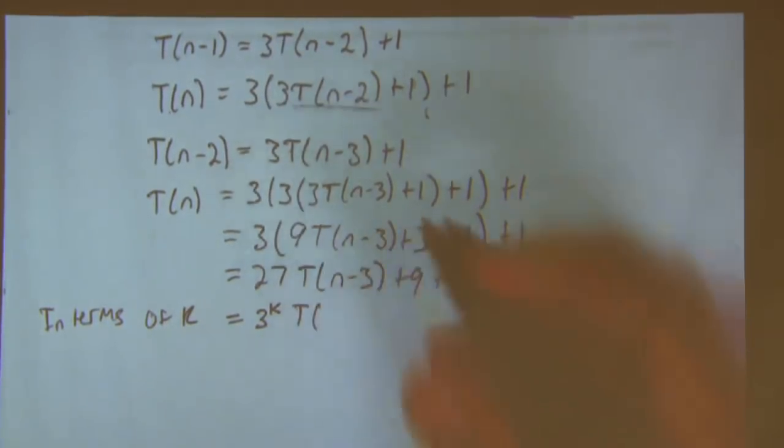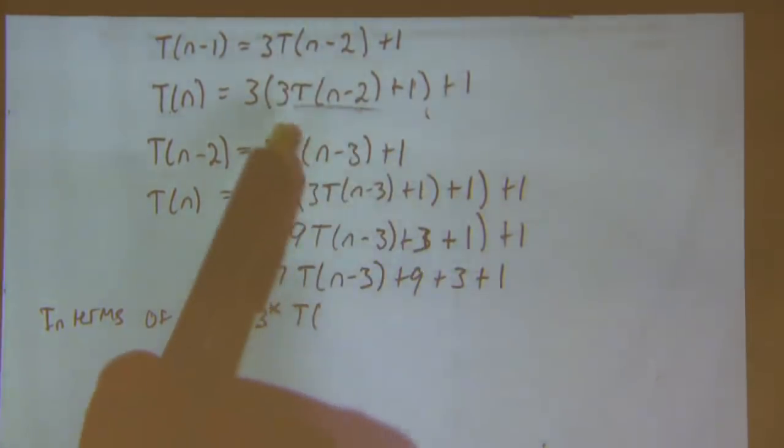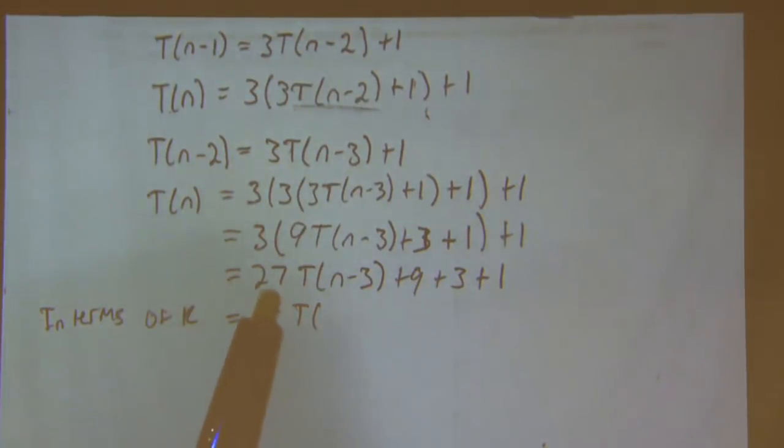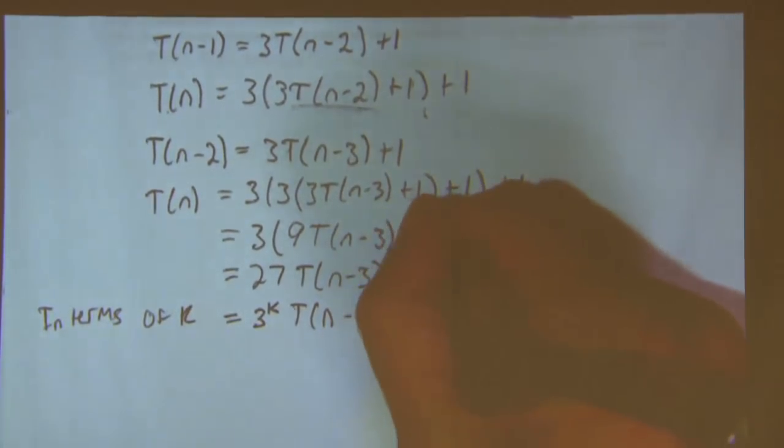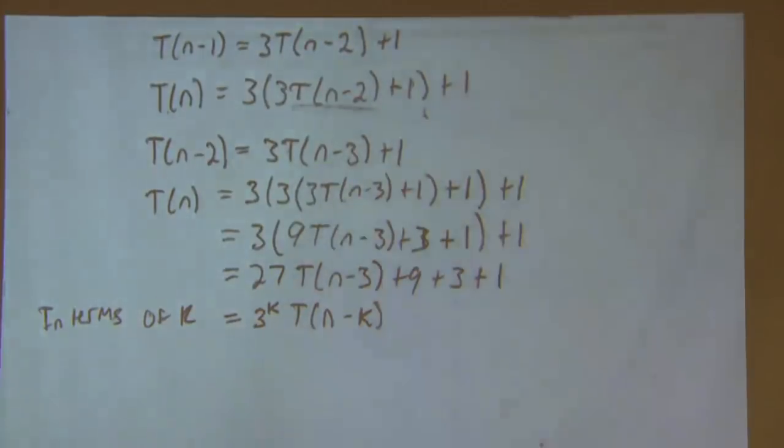T of, and so if we look here, this is 3 to the 3rd power, and that matches up with our 3 right here, right? So we'll have an n minus k. Those are going to be the same number.